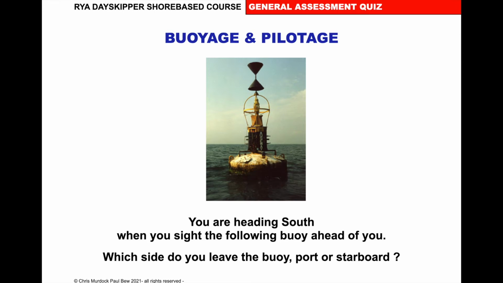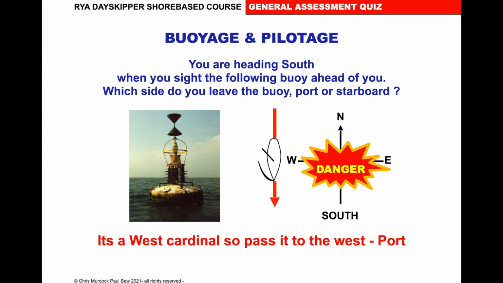So now we're heading south and we see this. We need to know what it is and what direction we avoid it. It's a west cardinal, so we pass it to the west. Heading south, we pass it on our port hand side.